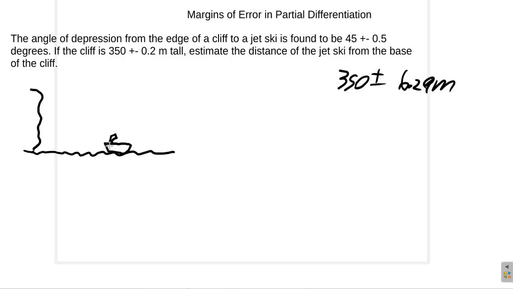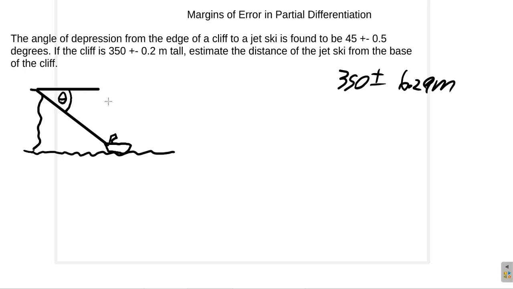The angle of depression from the base of the cliff to the jet ski is 45 plus or minus. Alright, so you remember, angle of depression is the angle between your line of sight and the horizontal. Say it is theta, 45 plus or minus 0.5 degrees.